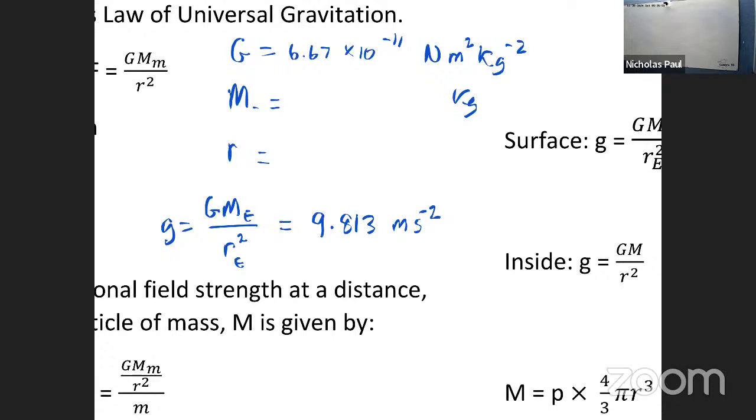Mass of the moon will be 35 by 10 to the 22 kilograms. And the radius I have here is 74 by 10 to the 6.